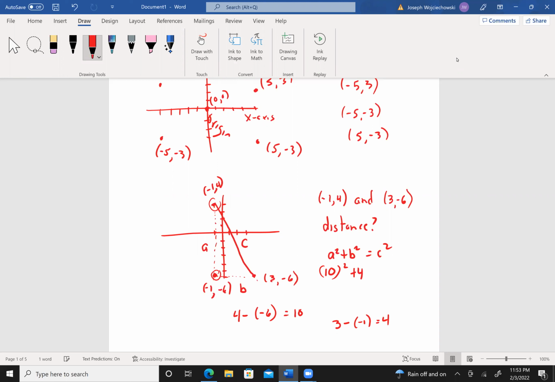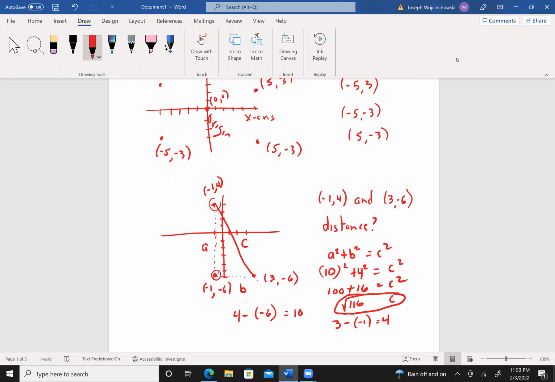That's plus 4 squared, and that's going to equal c squared. So this is 100 plus 16 equals c squared, so c is the square root of 116. Now we are dealing with differences or distances, so we don't need to be concerned with positive and negative. Everything's going to be positive because we're doing distances.